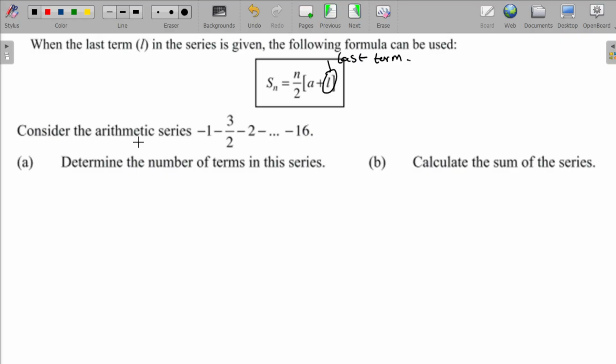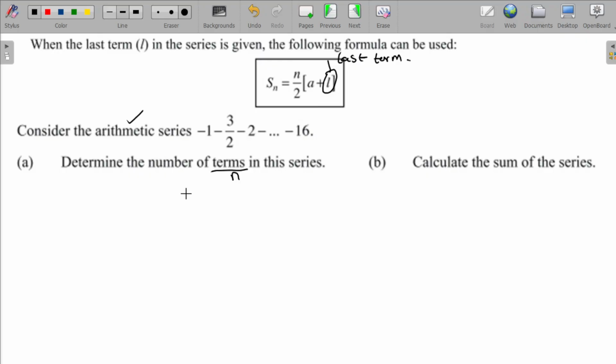Now let's come back to this one. Consider the arithmetic series -1, -3 over 2, -2, and so on, up to the last term, which is -16. Determine the number of terms in this series. Number of terms, meaning we need to look for n in this series. What type of series is this? It's an arithmetic series.